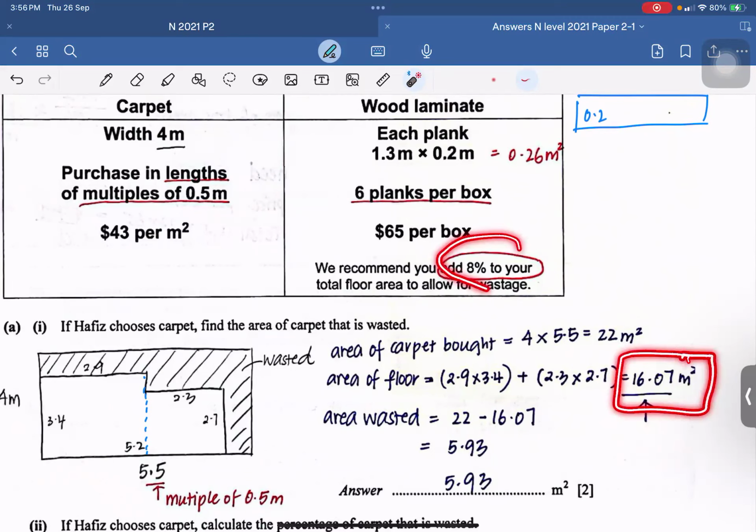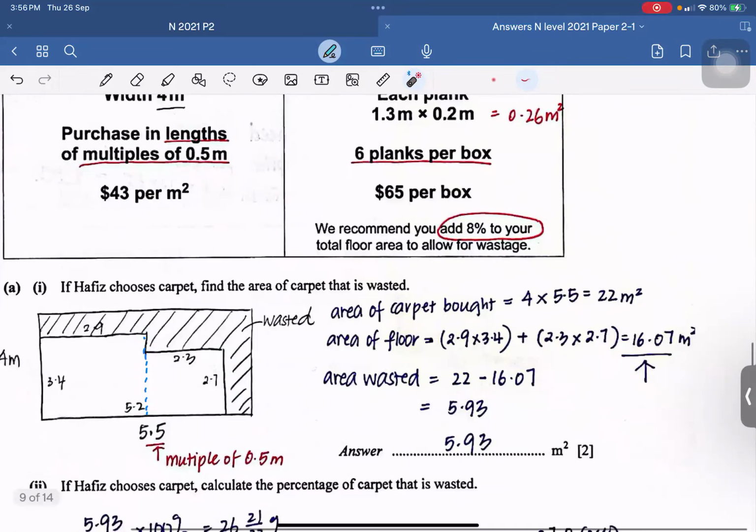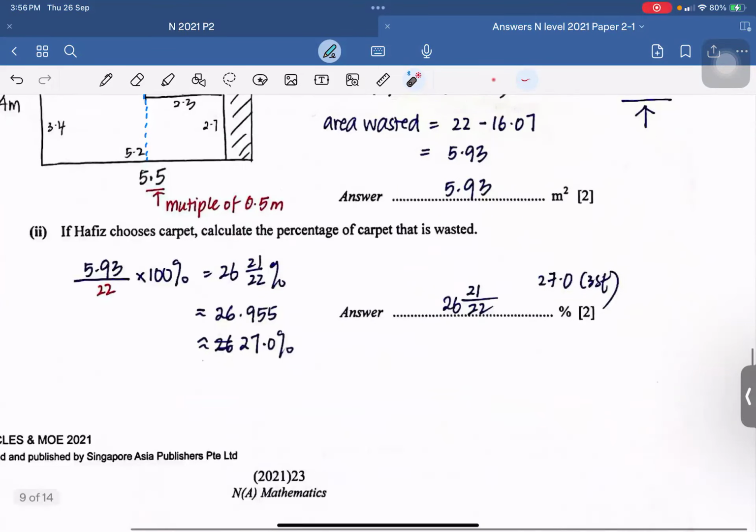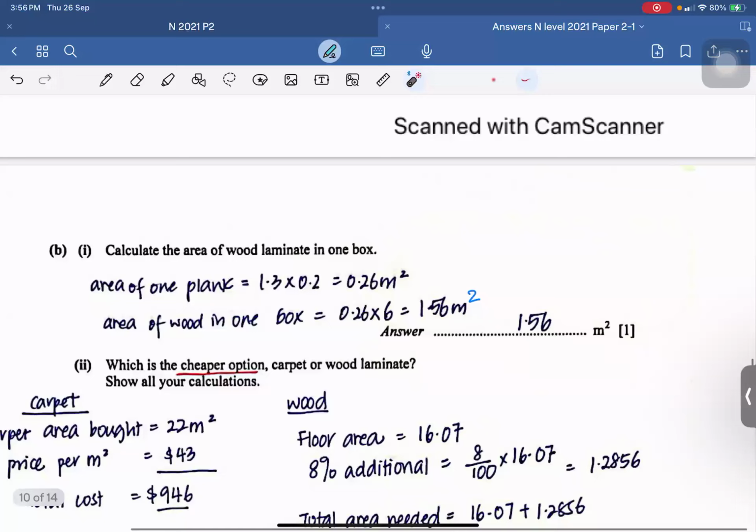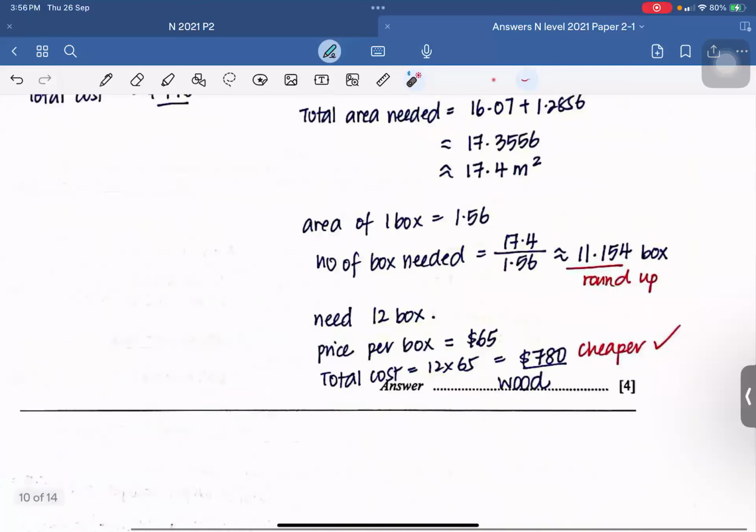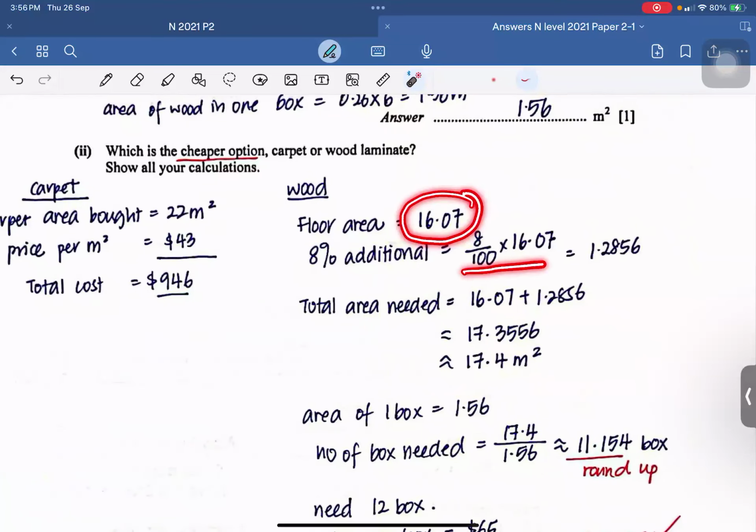I need to add 8% to it. So I take my original floor area, and I add an additional 8% to it. So this is my total floor area.